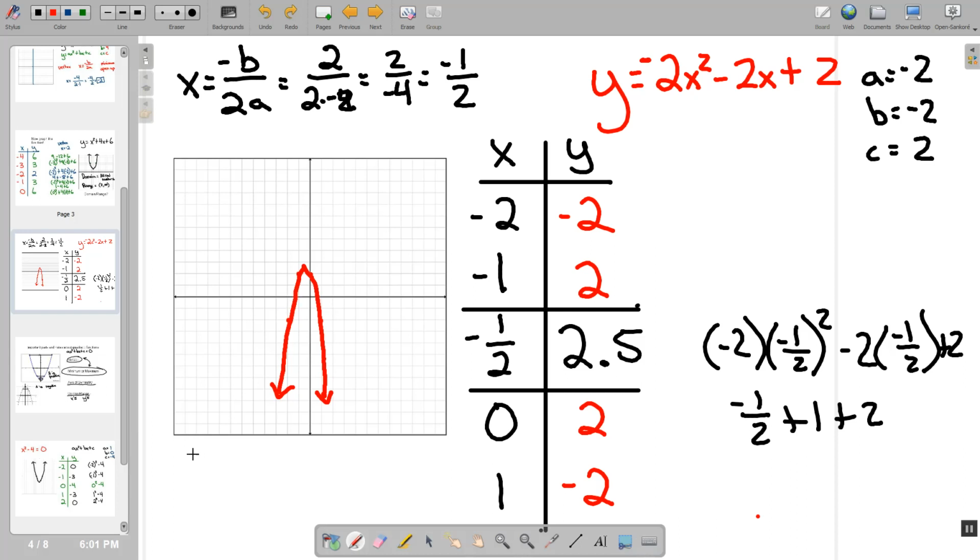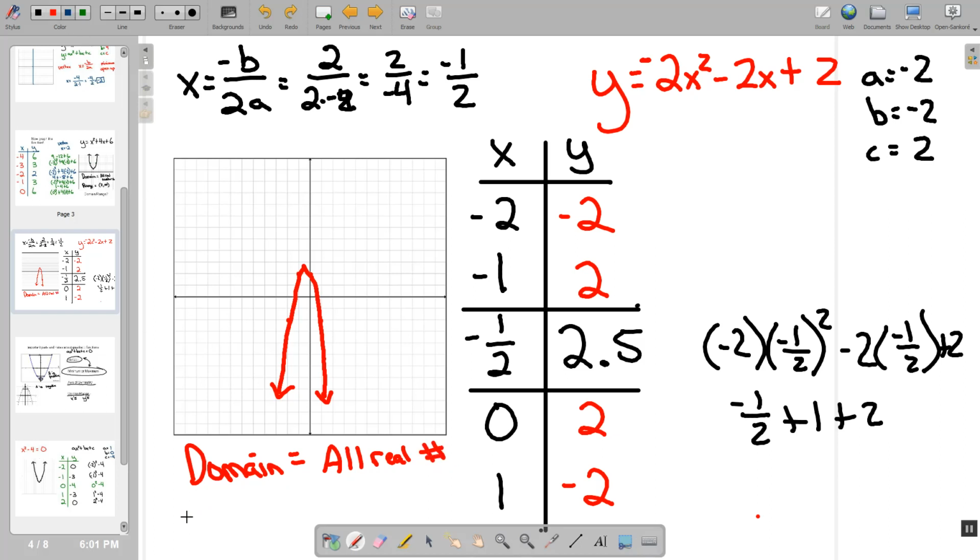Now, real quick at the end, we're going to talk about our domain and range again. In this case, our domain, once again, we can pick any x value along this line. It's going to get pretty crazy if we pick really big or really small numbers, but it is all real numbers still.